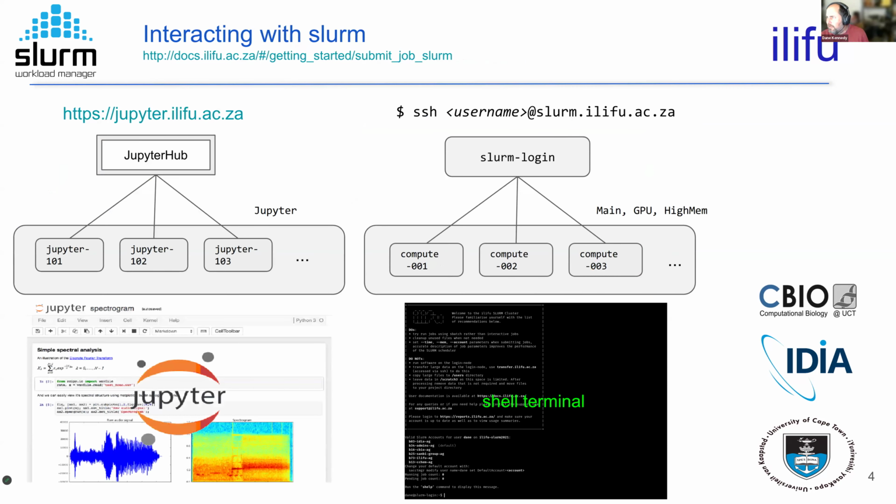This slide just very quickly depicts the 2 main ways you may interact with a cluster. So you've got Jupyter, which Jeremy showed you earlier. And then on the right here, we've got what I'll be demonstrating later, which is interacting more directly with the Slurm cluster on a shell terminal.